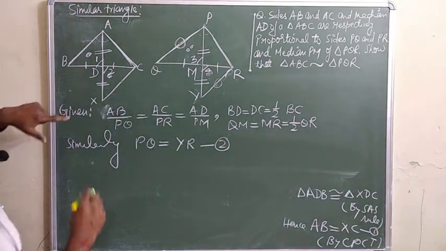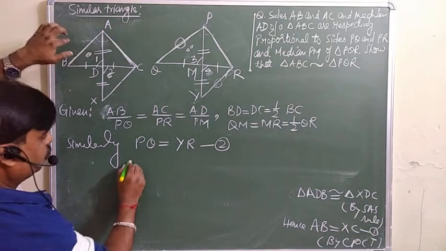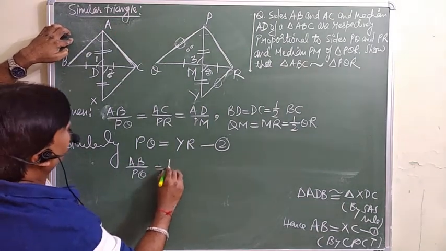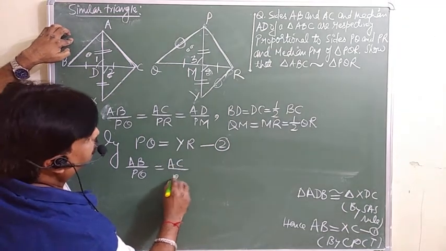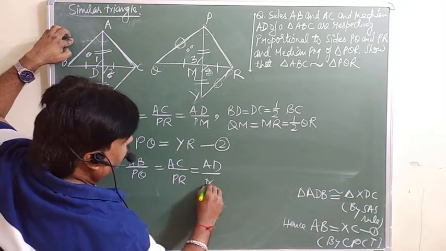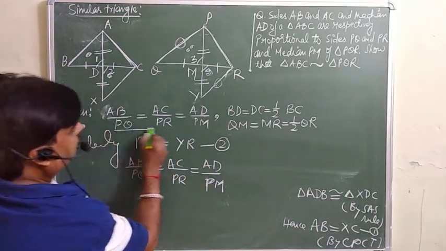See now, one information is already given: AB over PQ is equal to AC over PR is equal to AD over PM.